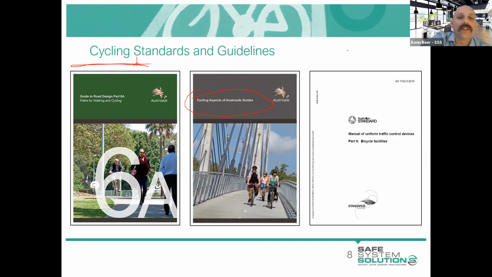And then you get onto the Australian Standard, which actually has some very specific requirements around traffic control devices. So this is 1742 Part 9 and bicycle facilities there. So you could have a look at that one as well. So there's a lot of information there, but wait, there's more.